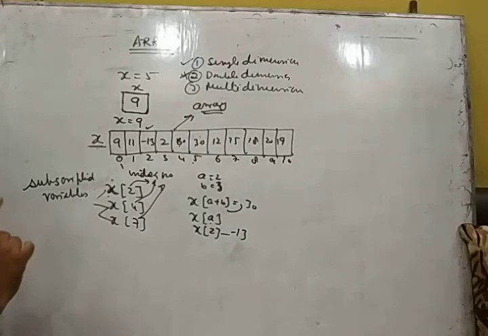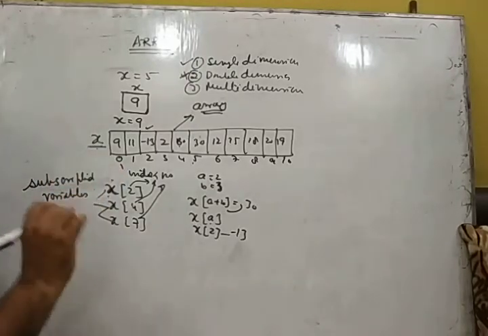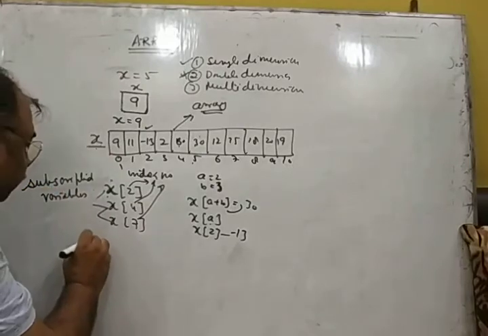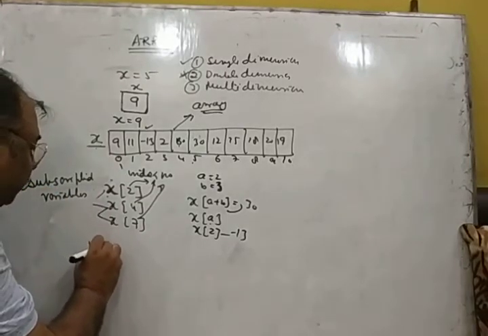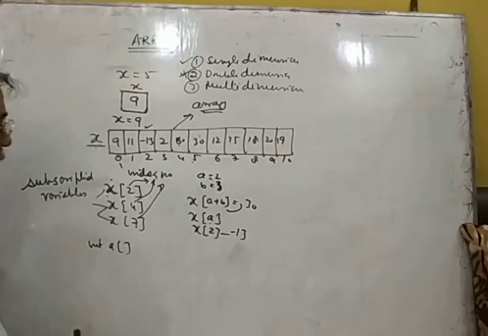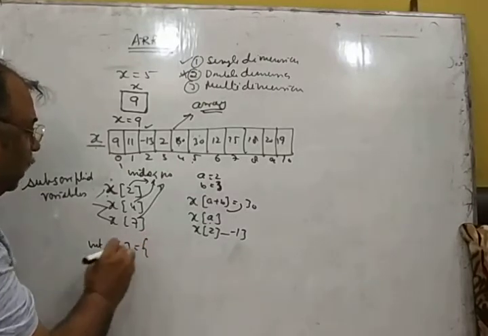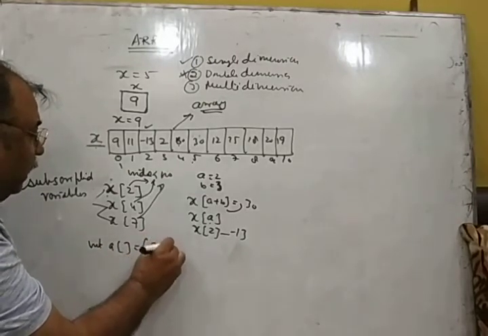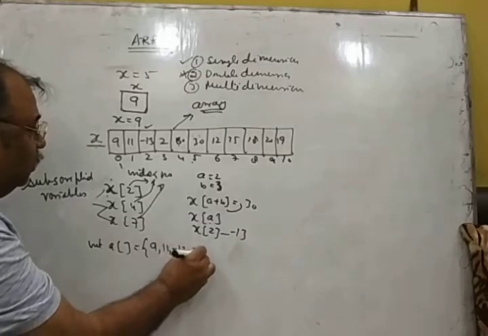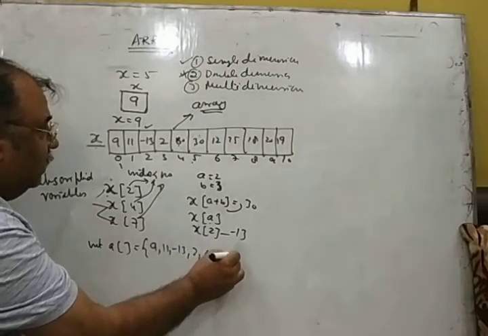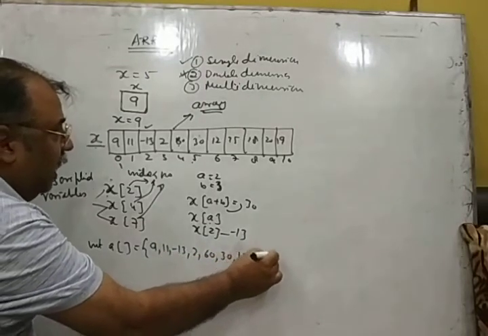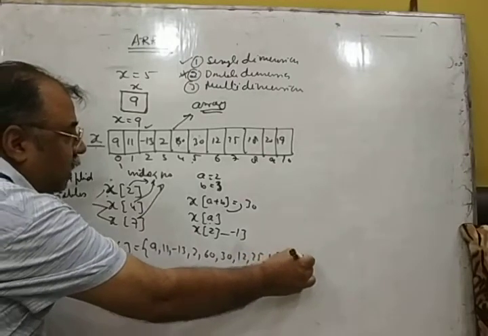Now, in Java, if you want to use an array, you have to write the commands in Java. Right? So if the values are given, the way you write in Java is int a[] = {9, 11, -13, 2, 60, 30, 12, 25, 18, 20, 19}.